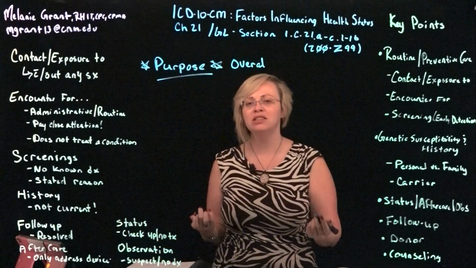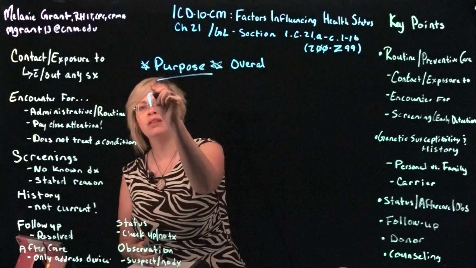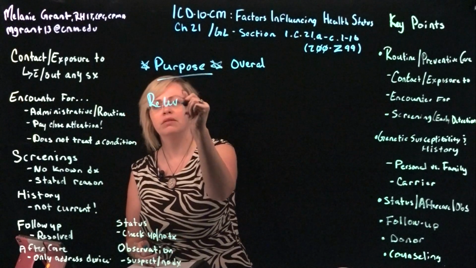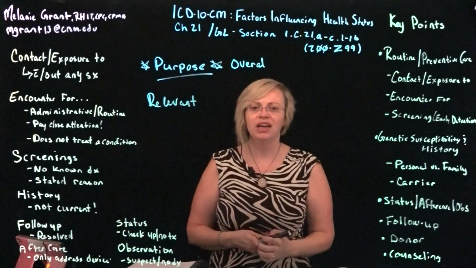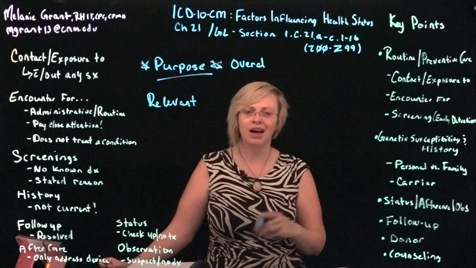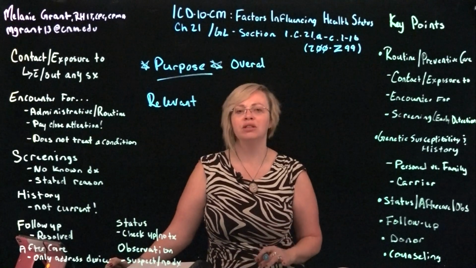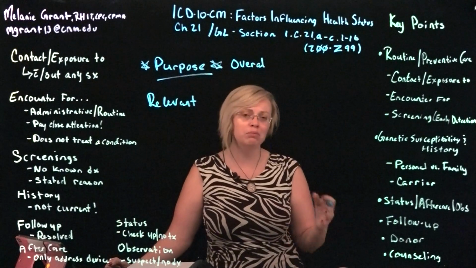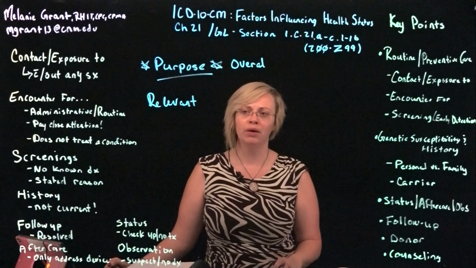Now, one of the things to keep in mind when you're going into the Z codes is that it has to be relevant. If it's not relevant to the visit itself, it's not necessarily something we need a code for. There are some codes such as HIV or pregnancy that we're always going to code when they're encountering services, because even though it may not affect today's visit, it's always relevant to be aware of.